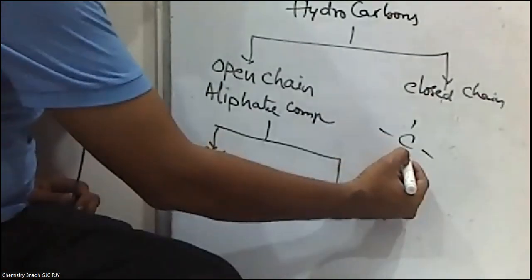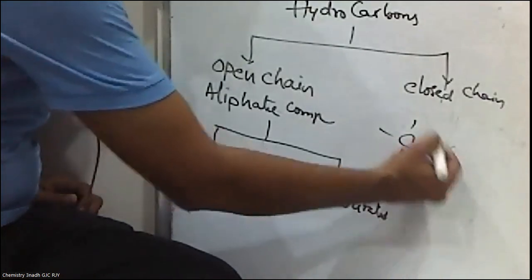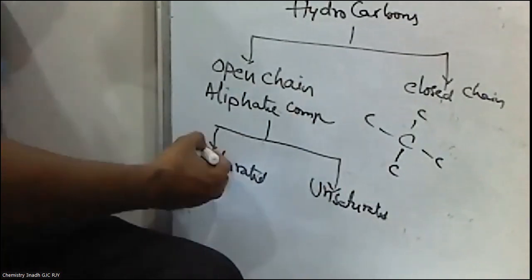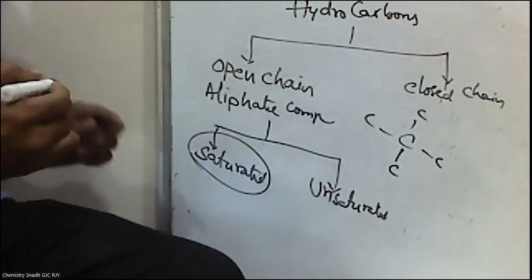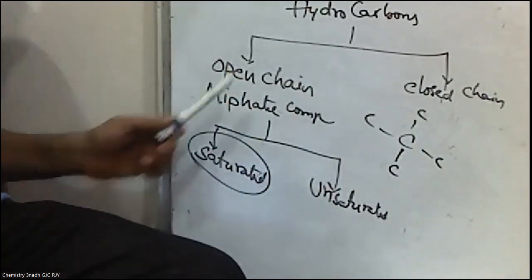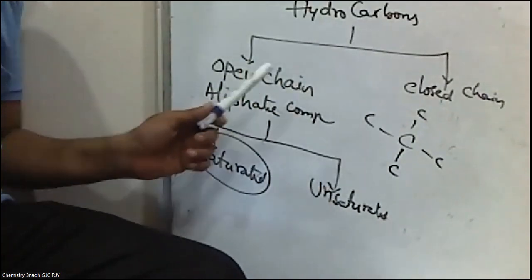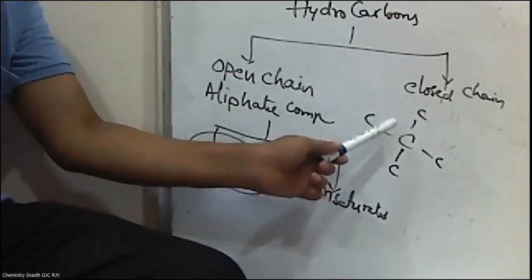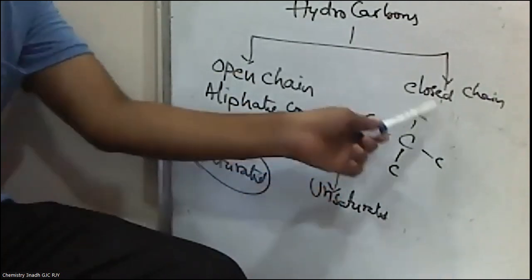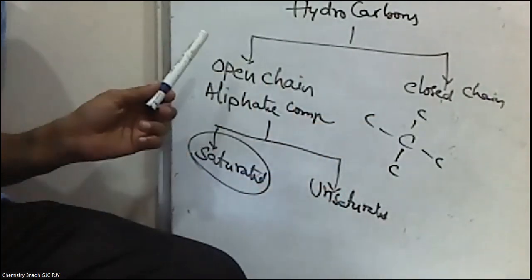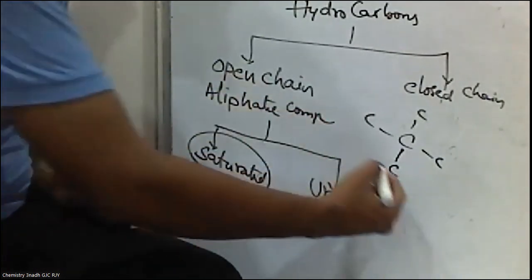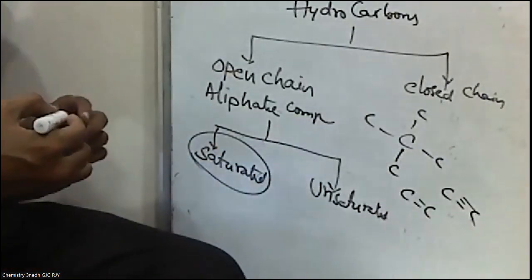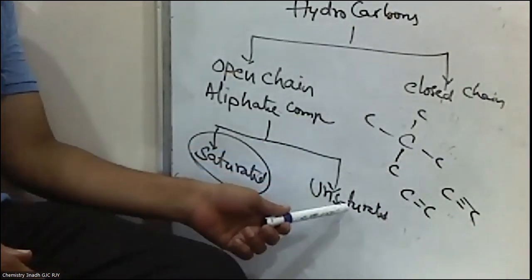If all 4 valencies of carbon are filled only with carbon single bonds, it is called a saturated hydrocarbon. If any double bond or triple bond is present between the carbons, those are called unsaturated.